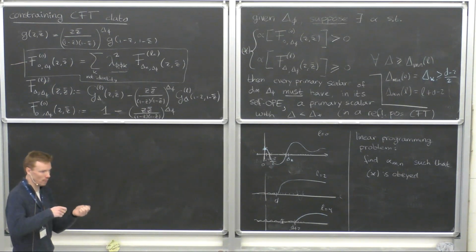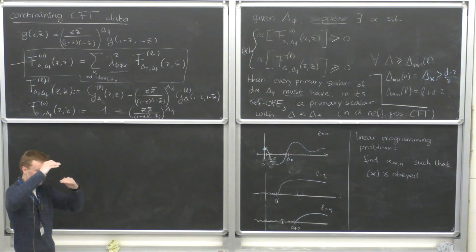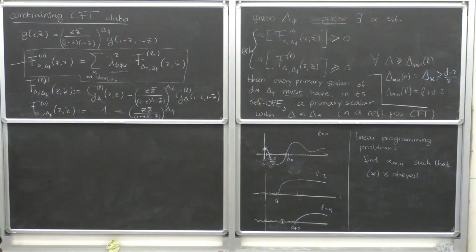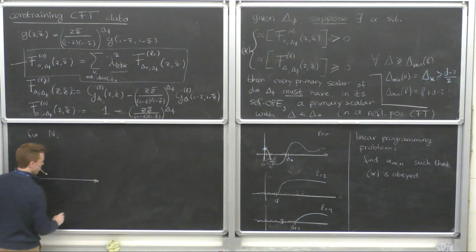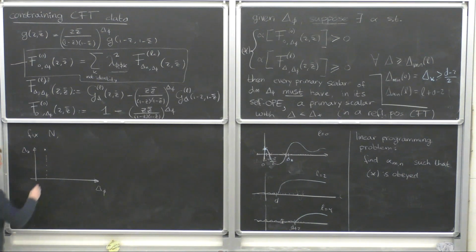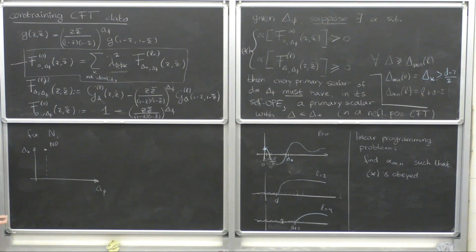And if it's no, then you say, my assumptions were too mild, so I increase delta star a little bit. And then the computer says yes, no, yes, no. So you do a binary search, and then you find the best delta star as a function of n. So we fix n, like the finite dimension of the vector space in which the functional can look. For a given value of delta star, the computer says, I found a functional, so there's definitely no way you can solve crossing.